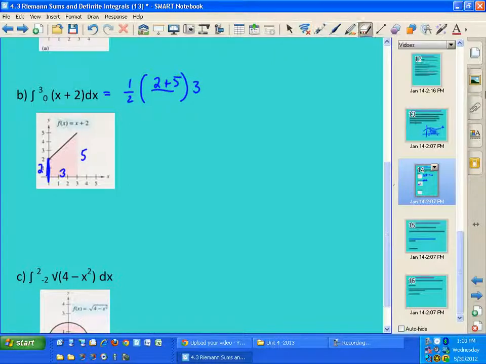We would end up with 21/2 as my area under that curve. This is just a connection between area and geometric shapes that we have dealt with, and so on and so forth.